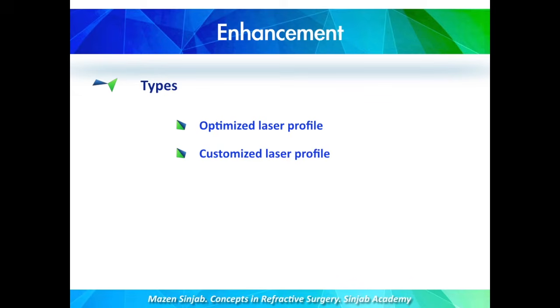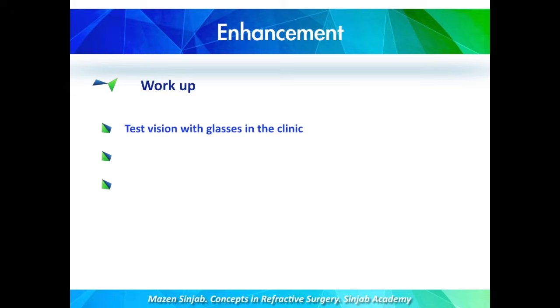So starting with the first 2 types, optimized laser profile versus customized laser profile. Now, if we want to know whether we have to go for optimized laser profile or customized laser profile, we have to do the following workup. First, we have to test vision with glasses in the clinic.